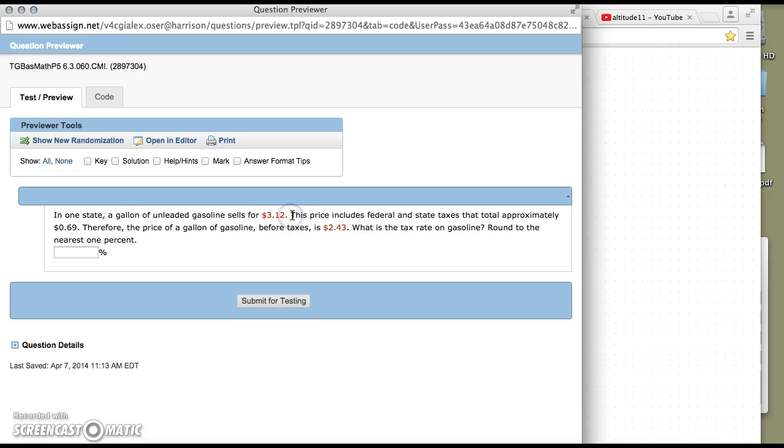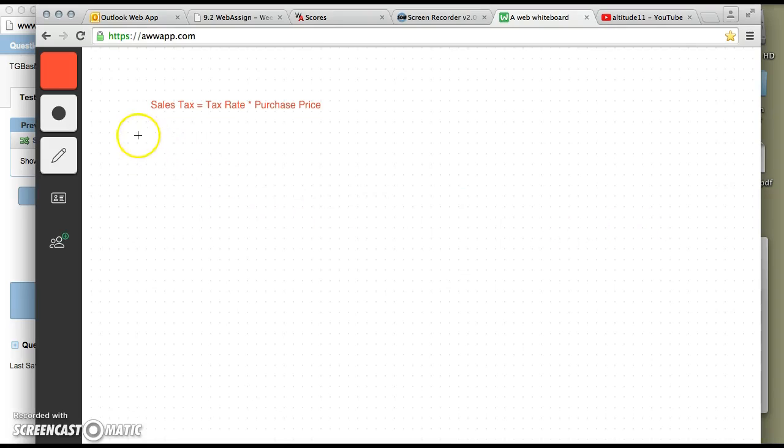Well, the problem says that this price includes our federal and state taxes that total approximately 69 cents. So $0.69 is going to be our sales tax, the amount of sales tax that we paid.